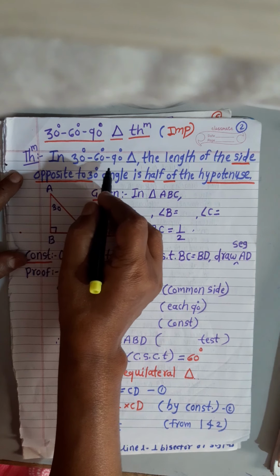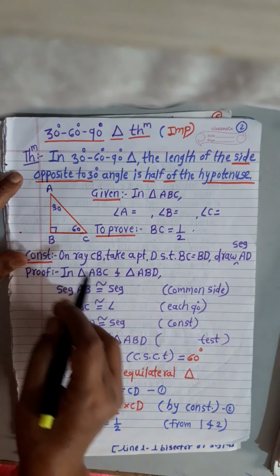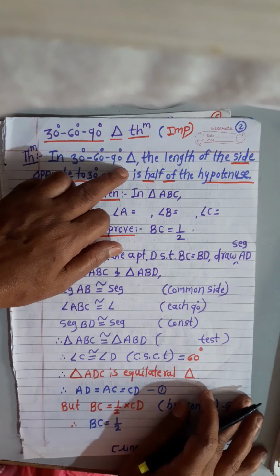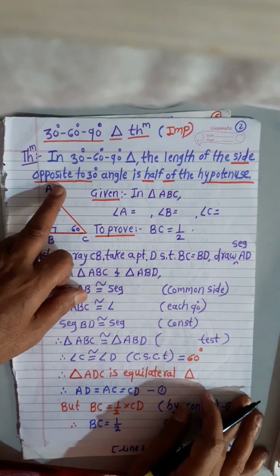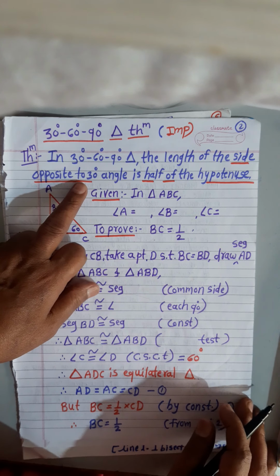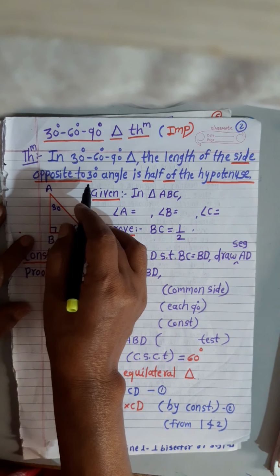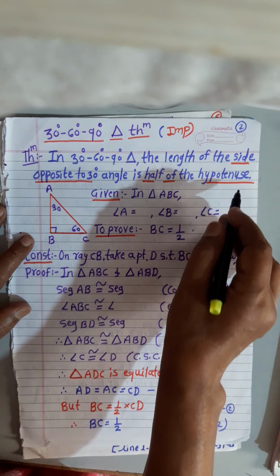In a 30-60-90 triangle, that means if the angles of a triangle are 30, 60, 90, the length of the side opposite to the 30 degree angle is half of the hypotenuse.